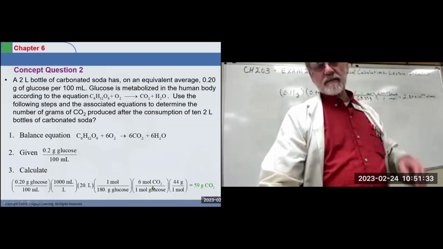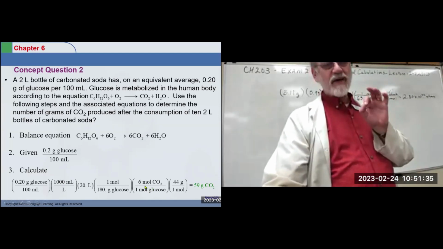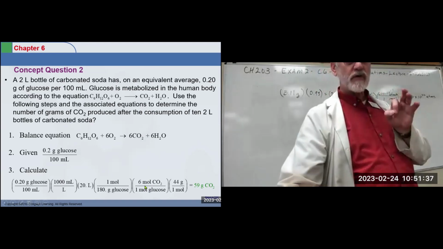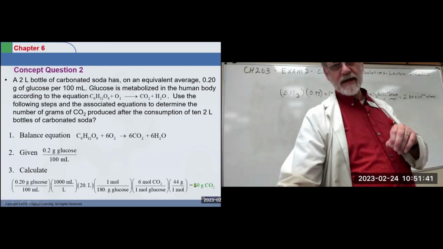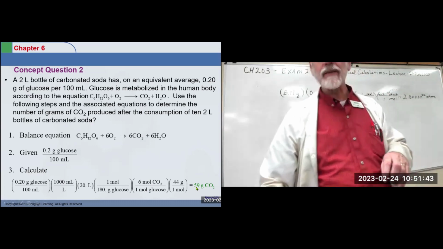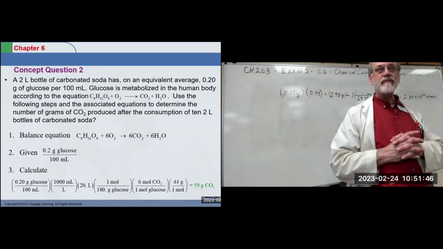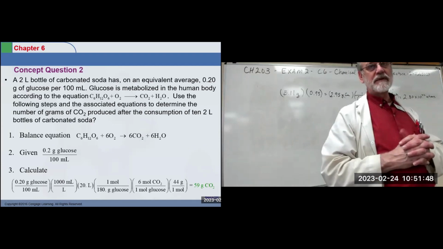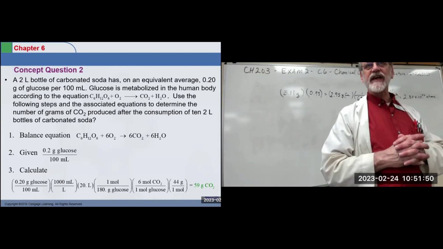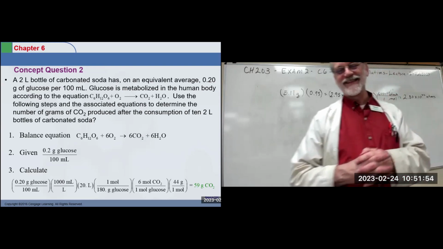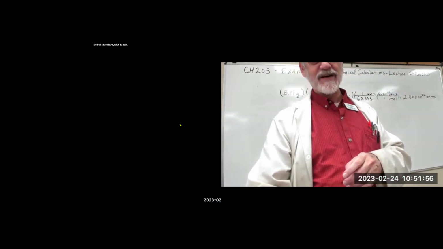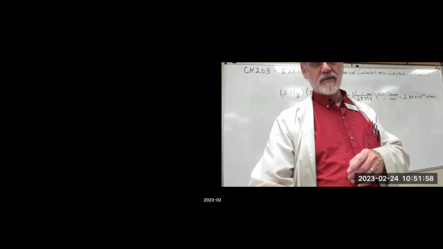This part of the equation now gives us how many moles of CO2, and we convert that to grams. And it turns out 59 grams of CO2. If you drink that many bottles of pop, you'll exhale 59 grams of carbon dioxide. All right, so we're done with that.